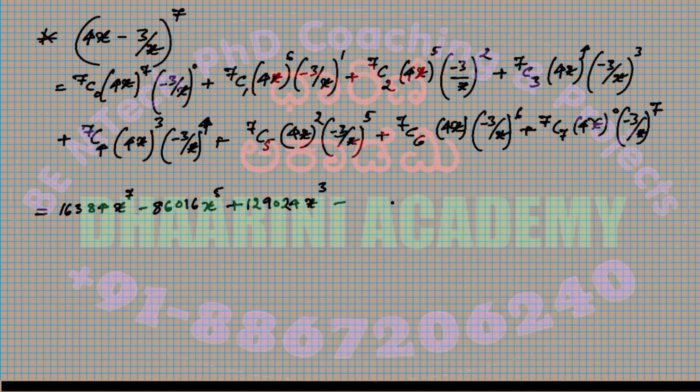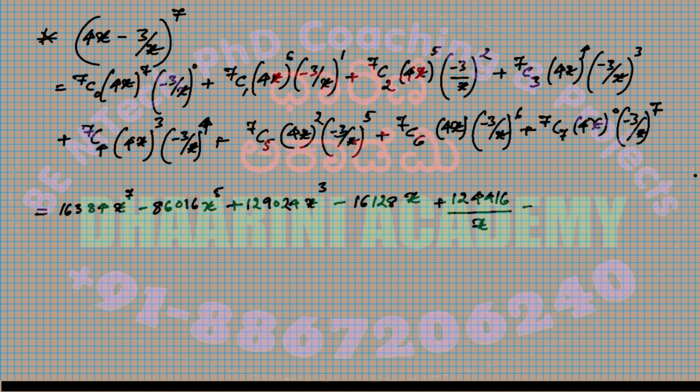Next is negative, minus 16,128 into x. Then plus 12,441 6 x to the minus 1, or you can write divided by x.